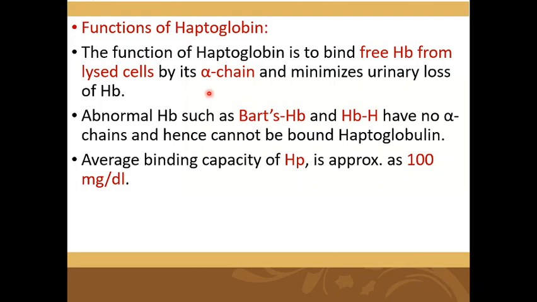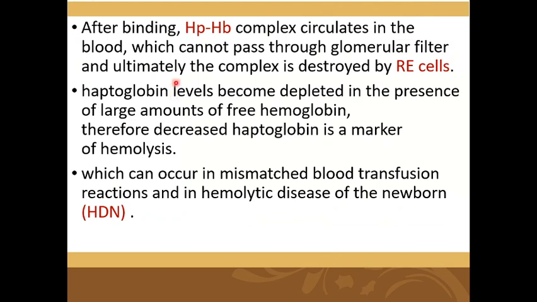Through the alpha chains of the hemoglobin. After binding, this complex circulates in the blood, cannot pass through the glomerular filter, and is ultimately destroyed by the reticuloendothelial cells. Hemoglobin is not filtered through the glomerulus due to the formation of this type of complex.